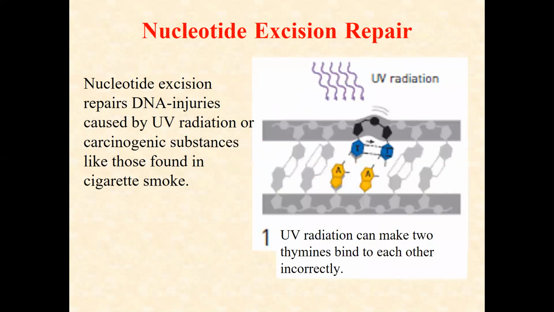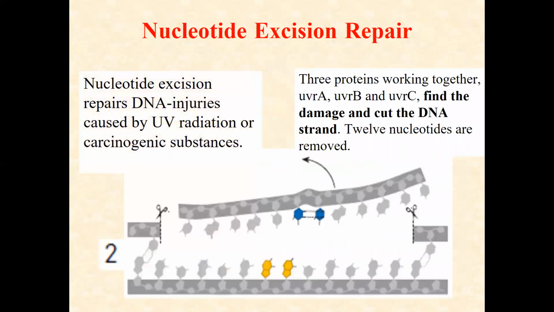UV radiation and other carcinogens frequently cause two thymine bases next to each other to bond together, in a state of mispairing with the adenine bases on the opposite strand. To repair this, a group of three enzymes work together, identifying the damaged bases and precisely cutting the DNA backbone on either side of the damage.